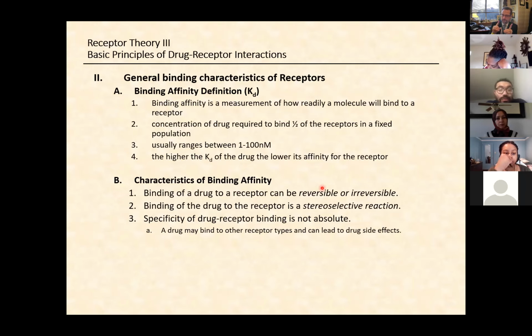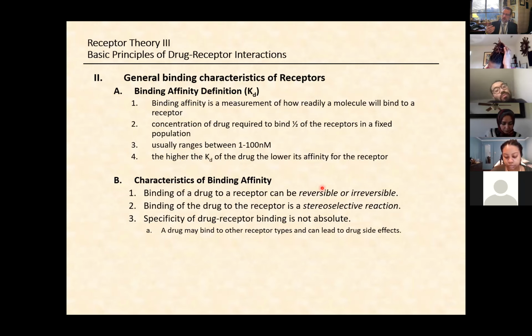That is, the concentration of drug required to bind 1/2 of the receptors is 1 to 100 nanomolar. That's usually a pretty good range. Anything above 100 nanomolar, we tend to get into less and less binding affinity. And things below 1 nanomolar, you're getting a very, very high degree of binding affinity there.